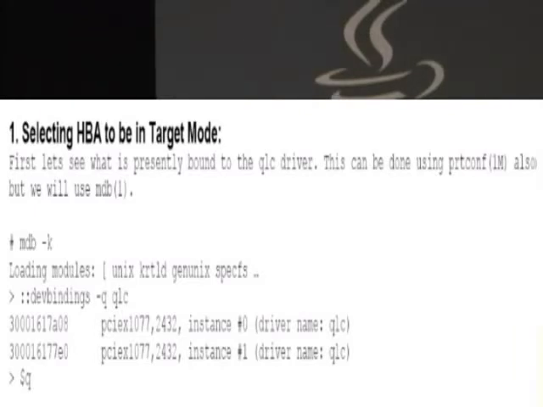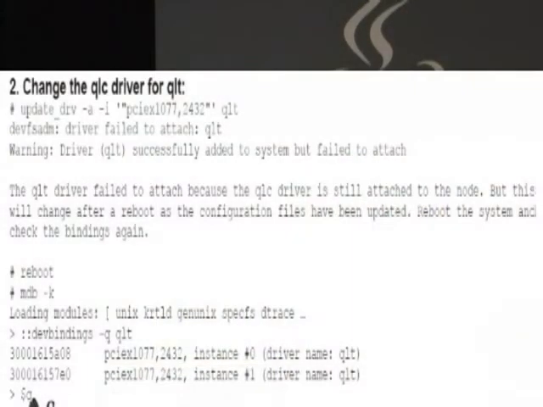The first step is how we identify which HBA is in Fibre Channel initiator mode. The second step is, now that we have identified this HBA and we want to turn it into a target, let's convert it to use the QLT driver. T clearly stands for target, so it's nice and easy.